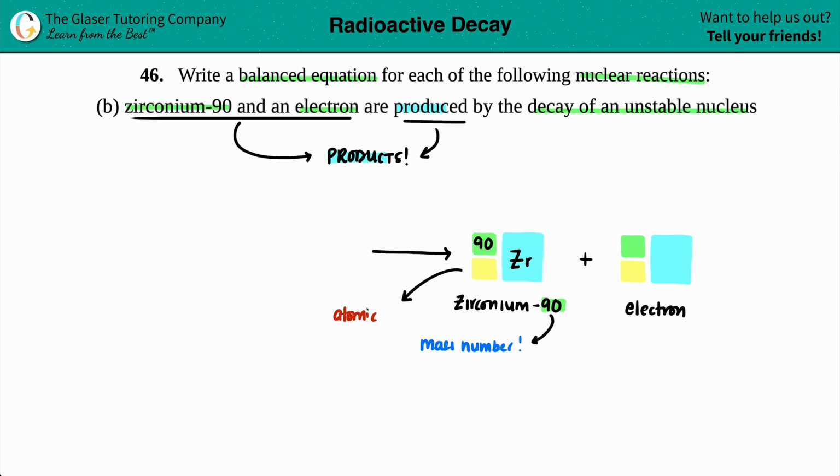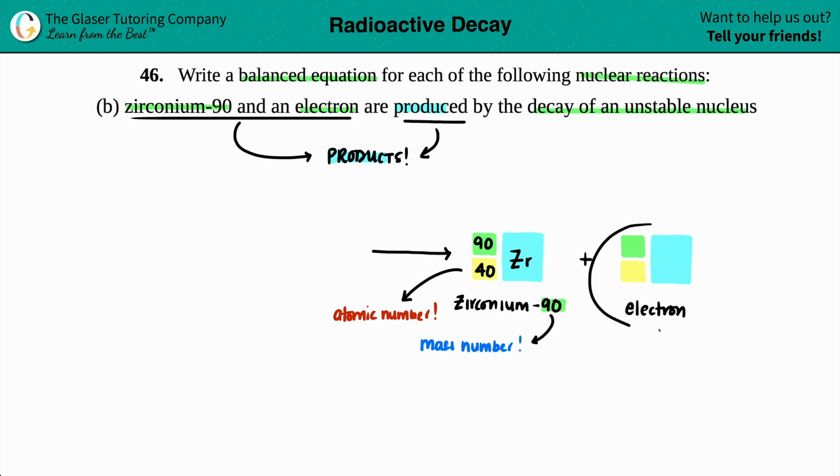They don't tell you because it never changes for a specific element. The number of protons, which is the atomic number, is always going to stay the same. So I have to look on my periodic table to find out what the atomic number of zirconium is. So get your periodic tables out. The atomic number is always going to be that nice, beautiful whole number, not the decimal. That's the average mass. Here, zirconium is a beautiful 40. So you have 40 protons in a zirconium nucleus. Subtracting, 90 minus 40 tells you that you have 50 neutrons.